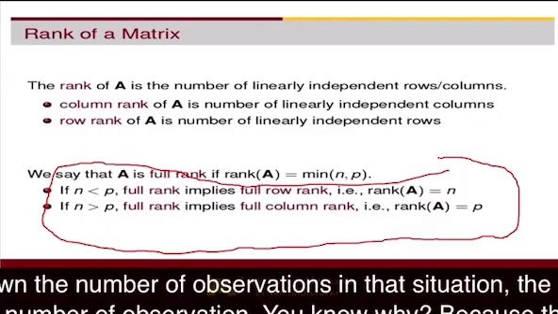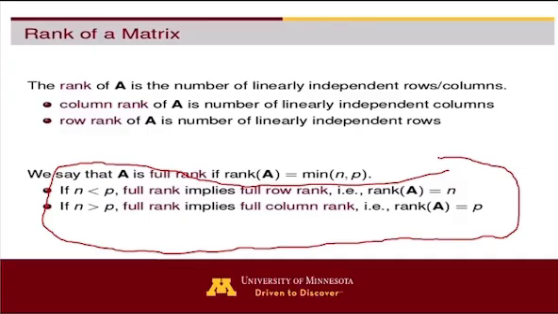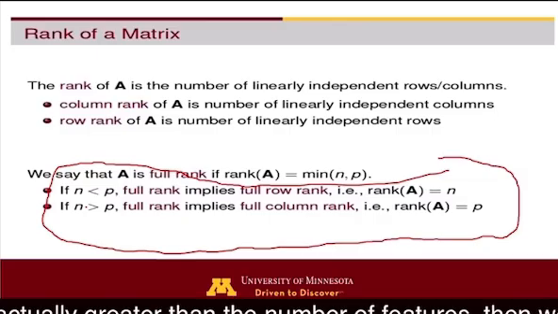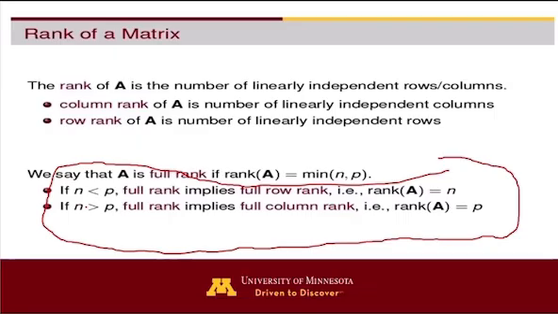In that situation, the full rank is going to be the number of observations, because the number of observations is the minimum in that instance. But in a situation where the number of observations is greater than the number of features, we are going to have a full column rank, and in that situation, p, the number of features, will be the full rank.